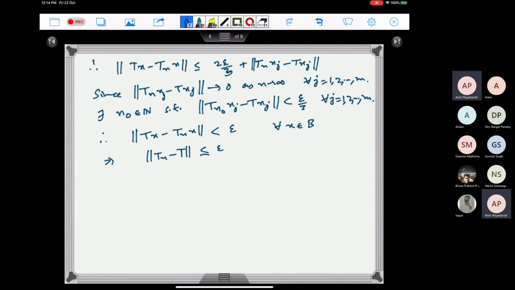So therefore this goes to 0. And this is true for this Tn naught. So for any epsilon, we have shown that the norm of Tn naught minus T can be made less than epsilon for some n naught, and therefore this goes to 0. So this finishes the proof.